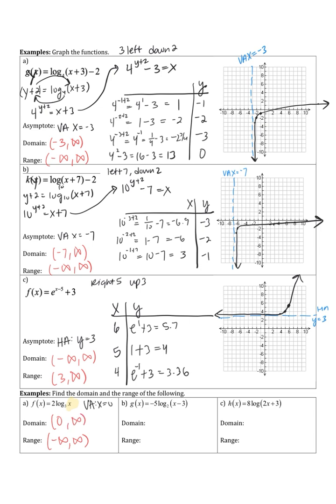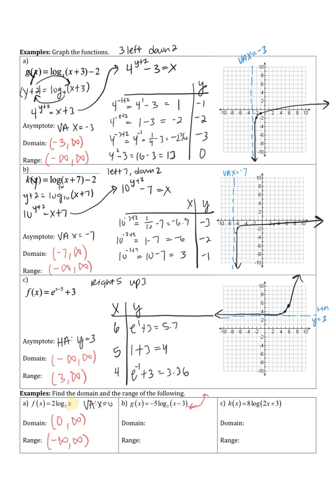All right, so the next example, I've got a negative a value in front. Remember from our notes that if we have a positive a value, the function is increasing. And if we have a negative a value, that function is going to be flipped and it's going to now be decreasing because this is a reflection in the x-axis.